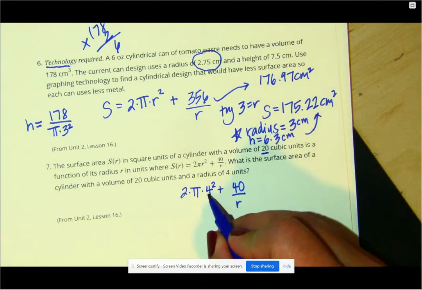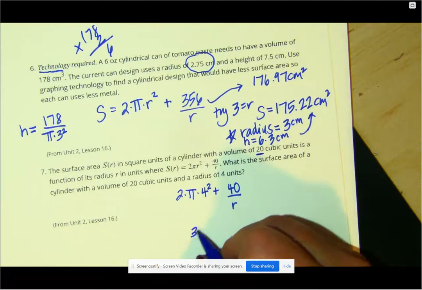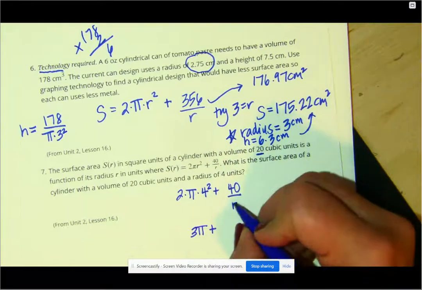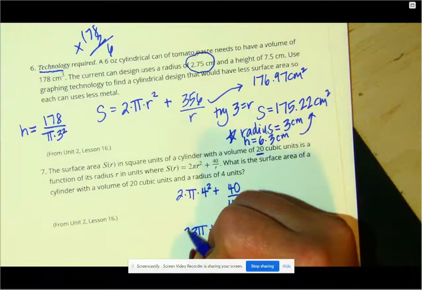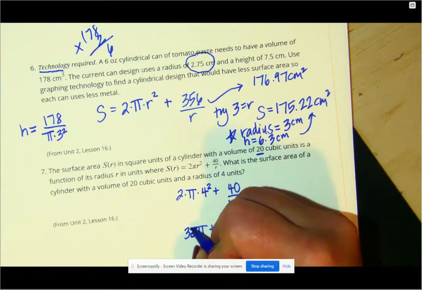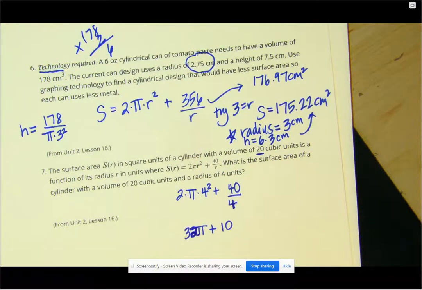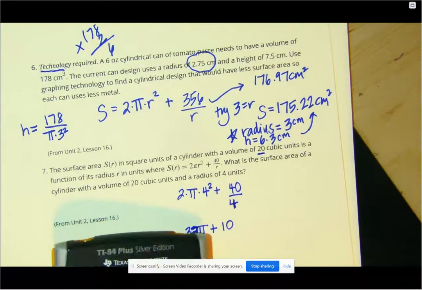So that would be what? 16 times 2, 32 pi plus, whoops, I forgot to plug 4 in there, plus 10. And I didn't write 2. Come on, Miss Austin, get it together. 32 pi plus 10.